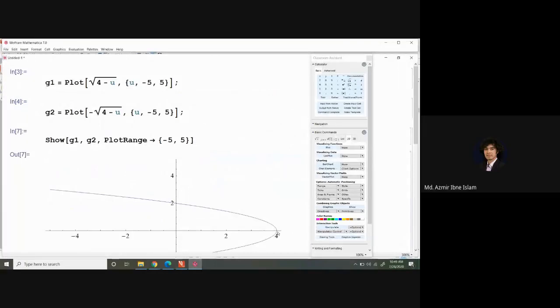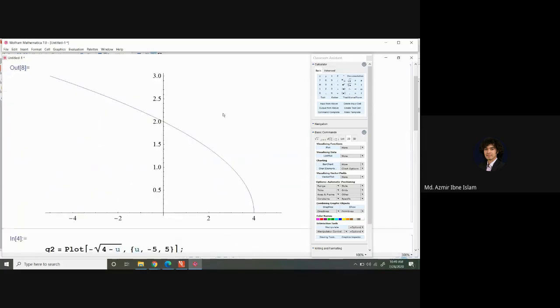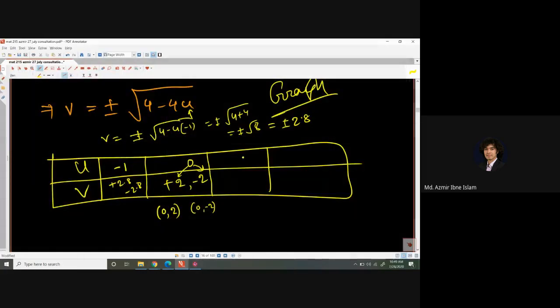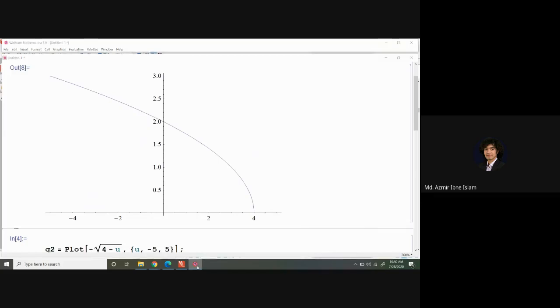Yes, sir. You can also see that here we can take 4. Let's take positive 4. We can take any random values. No, this is not 4, it is like 1.